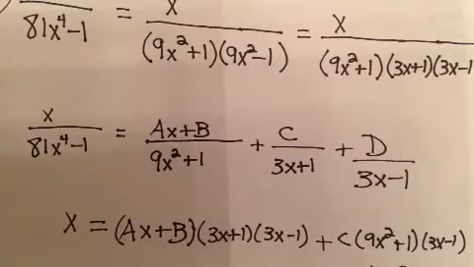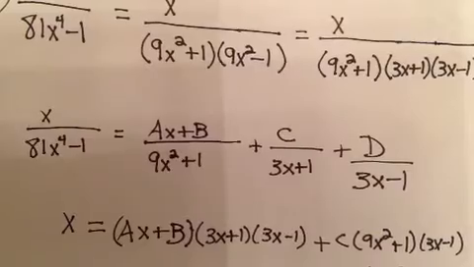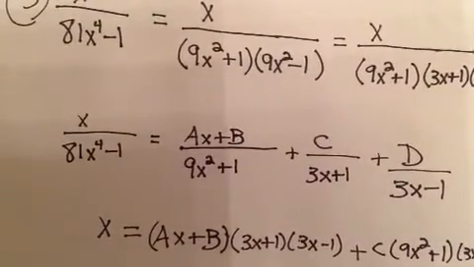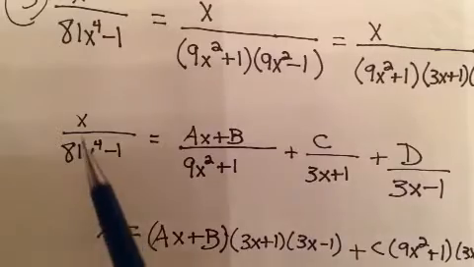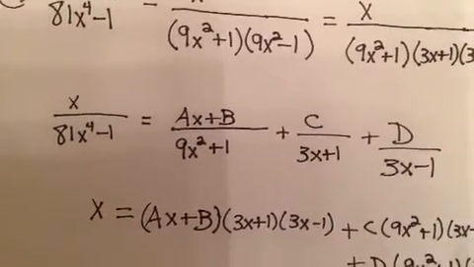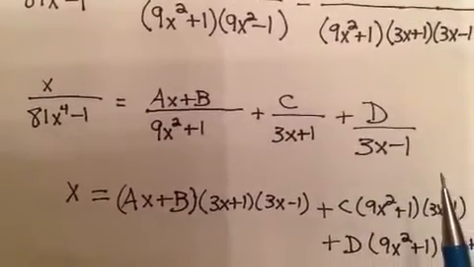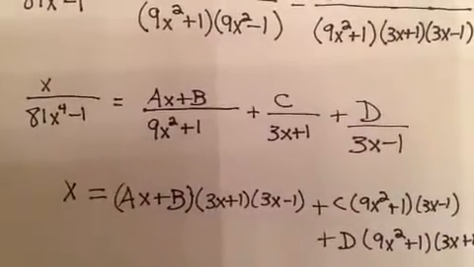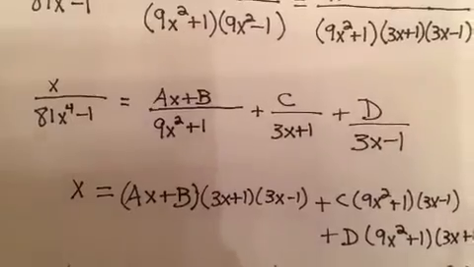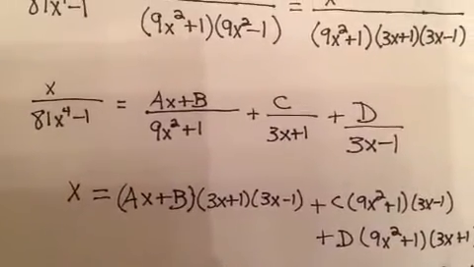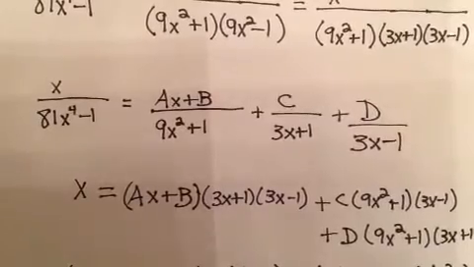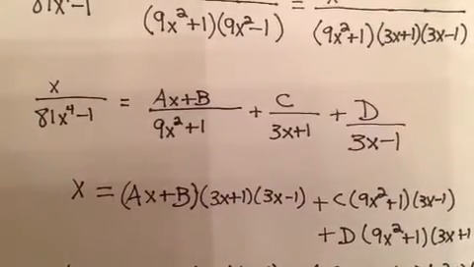And as we look at clearing away the fractions, multiplying everything by 81x to the fourth minus 1, we have the numerator x. In terms of mapping this layout, for ax plus b, everything is being multiplied by 9x squared plus 1, 3x plus 1, and 3x minus 1.